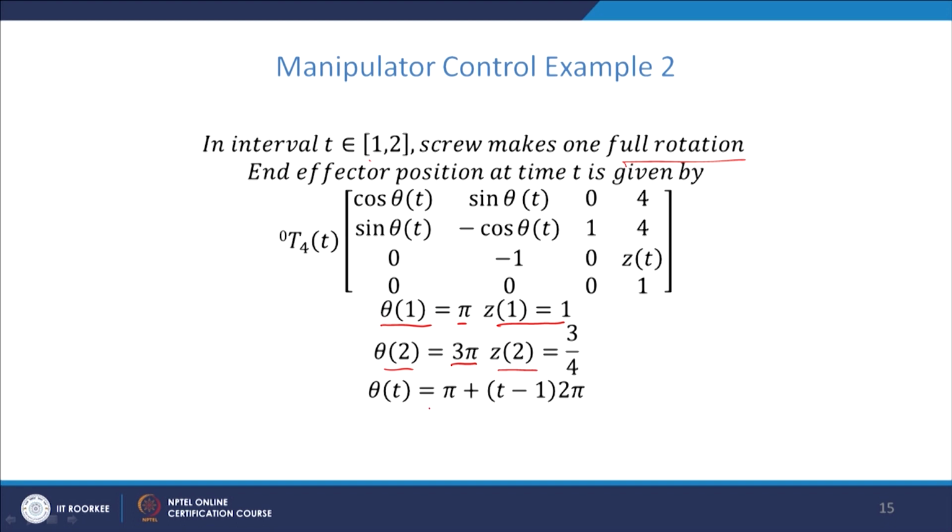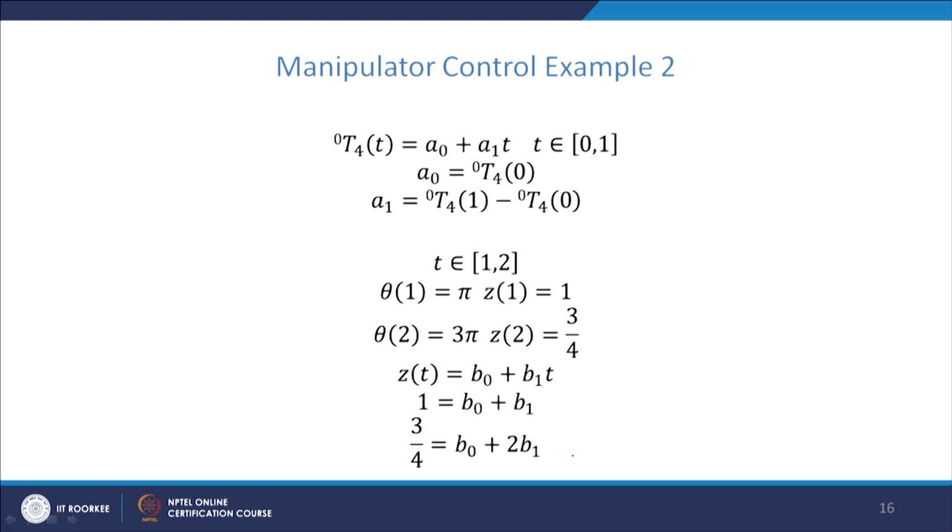From this information we can easily calculate theta of t like this. If you substitute t equal to 1 we get pi, and at t equal to 2 we get 3 pi. Similarly, we can calculate z of t as a function of time.